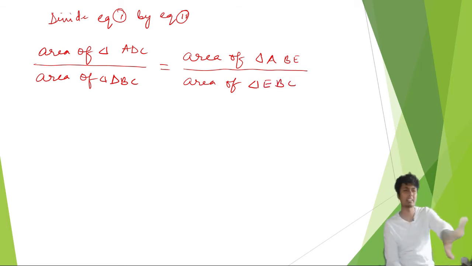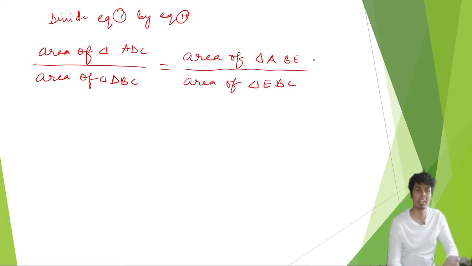Do not worry that area of triangle ABE can be written as AEB. I think it is given in the textbook like that. Don't get confused, you can write your own way. It is not compulsory to write according to the book.